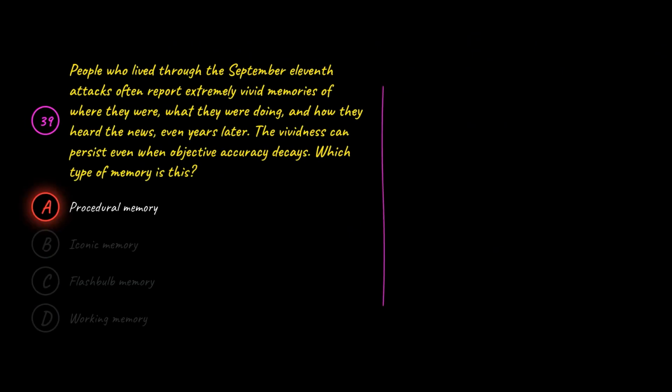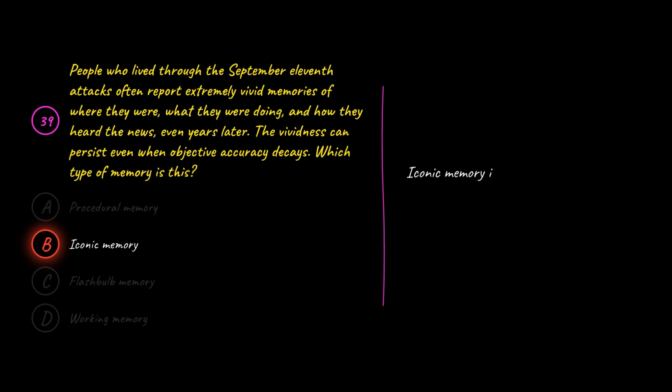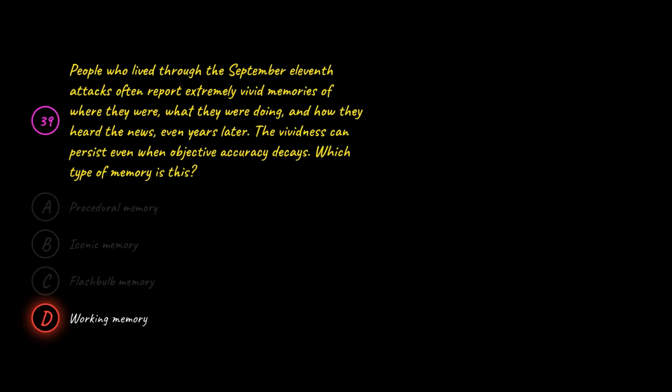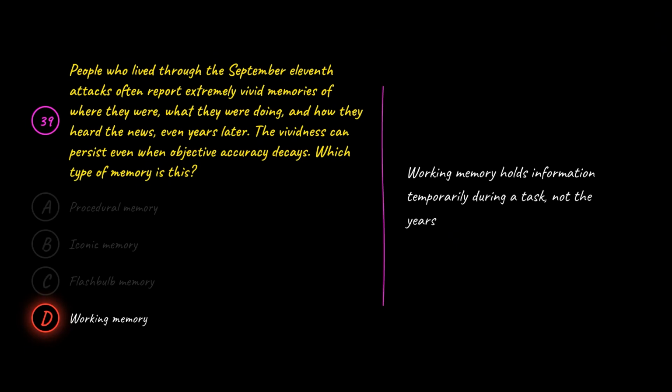A is wrong because procedural memory stores motor and cognitive skills, not autobiographical scenes tied to a public event. B is wrong because iconic memory is a brief visual sensory store lasting under a second, not multi-year vivid recall. D is wrong because working memory holds information temporarily during a task, not the years-long vivid event memories described.